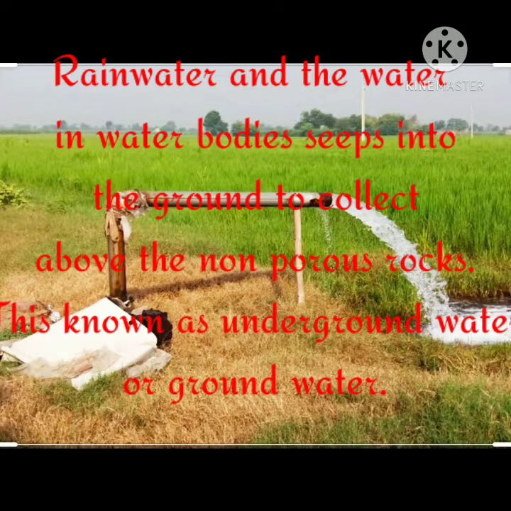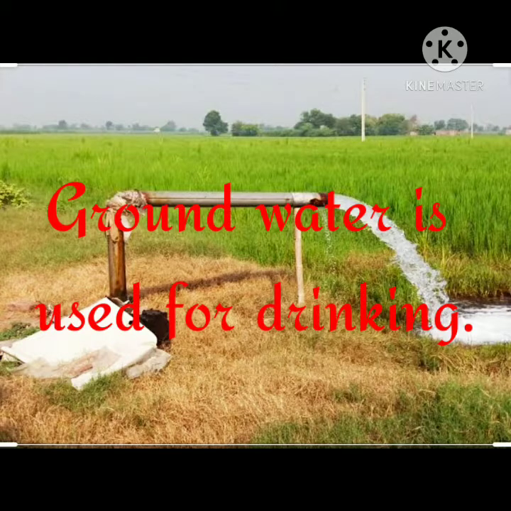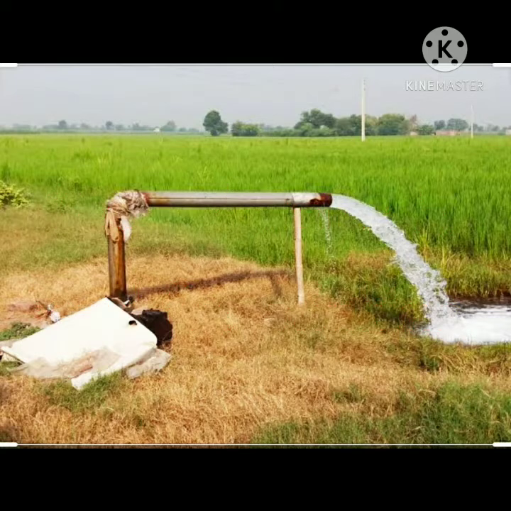Now the underground water. Rainwater and the water in water bodies seeps into the ground to collect above the non-porous rocks as underground water, also known as groundwater. Groundwater can be used for drinking and irrigation purposes by digging wells and tube wells.